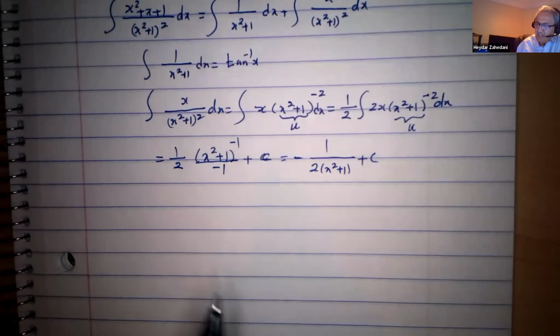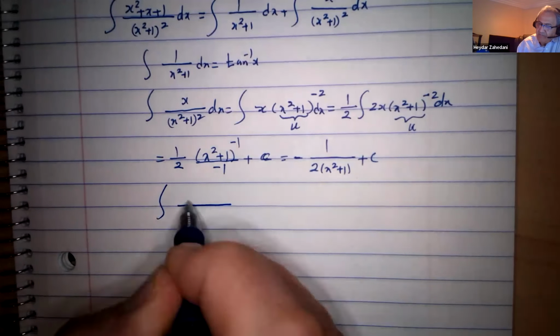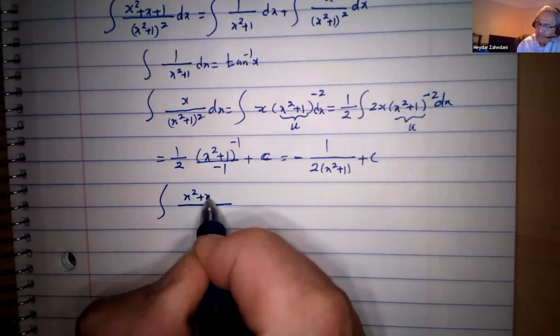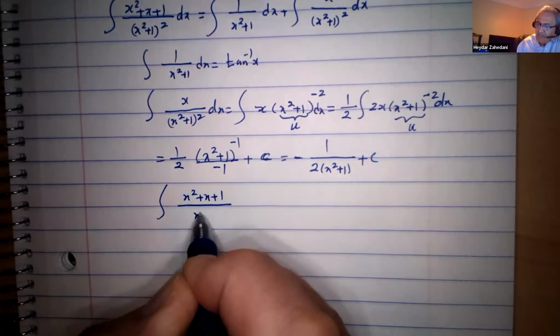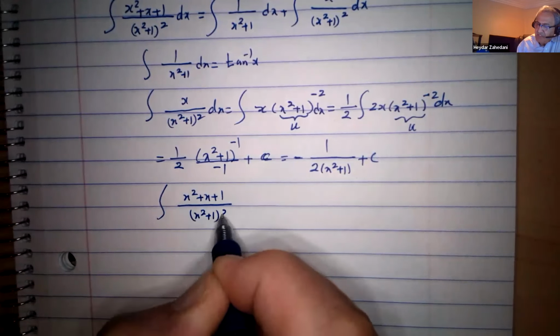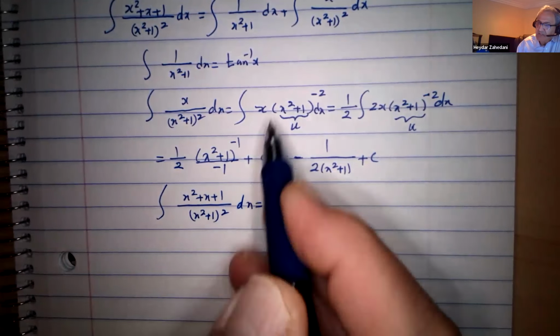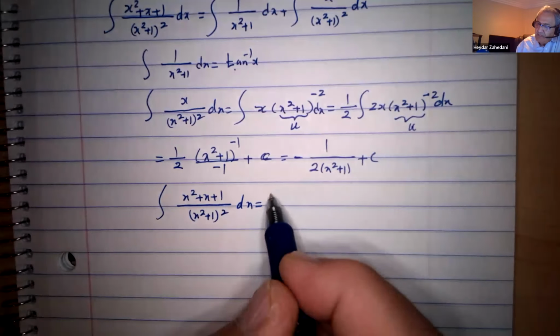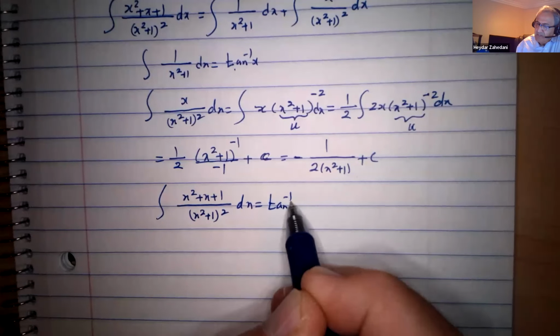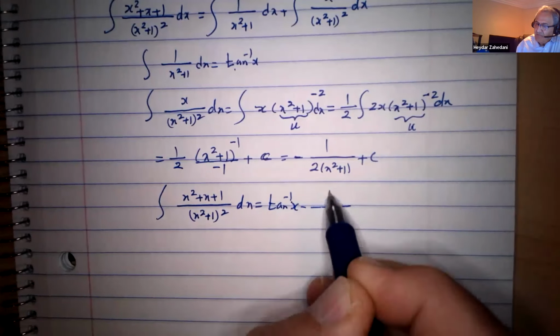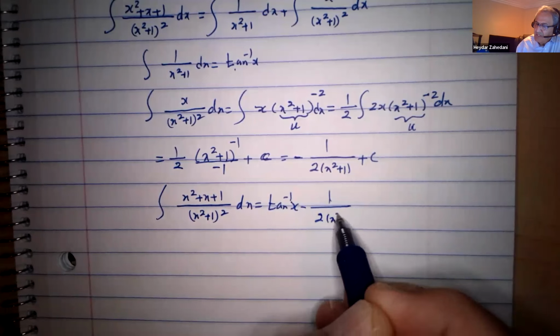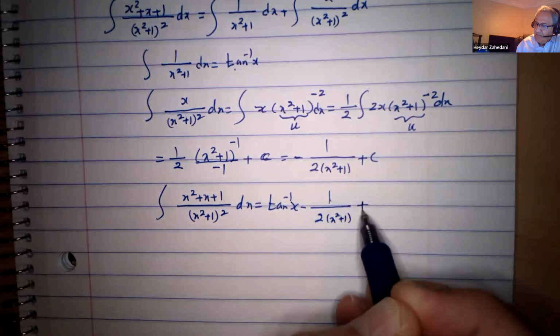So if you put them together, the final answer: the integral of (x squared plus x plus 1) over (x squared plus 1) squared dx is equal to tan inverse of x minus 1 over 2 times (x squared plus 1) plus the constant.